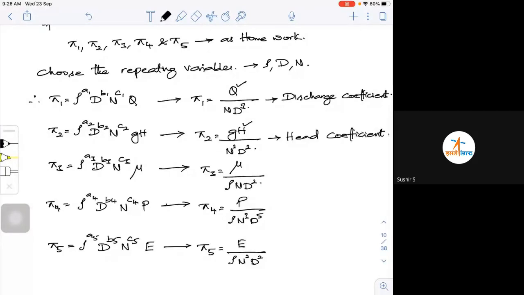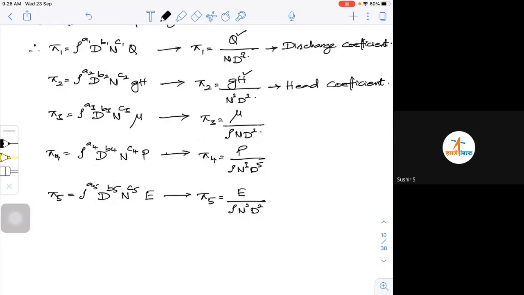Fine. So if you try to simplify this, see, what is ND? Pi d N by 60. Look at this, you have ND is equal to U. If you go by that logic, ND is equal to U, this will become rho U d by mu. So this will become 1 upon Reynolds number.